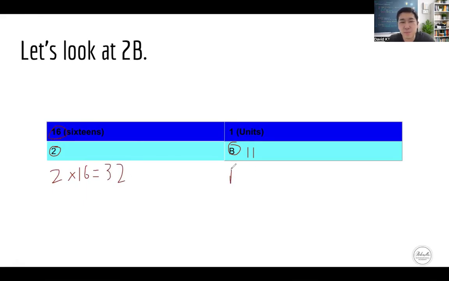B is what? So B times 1, which is equal to 11 times 1, which is equal to just 11. Then we add these two numbers. 32 plus 11 gives you 43.